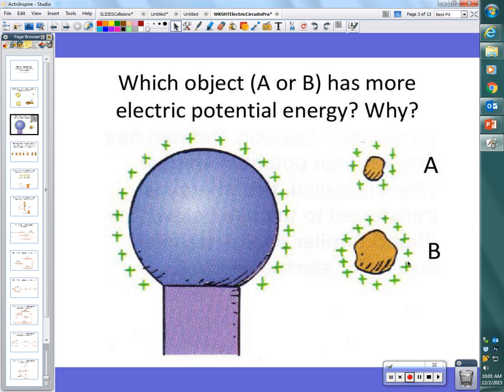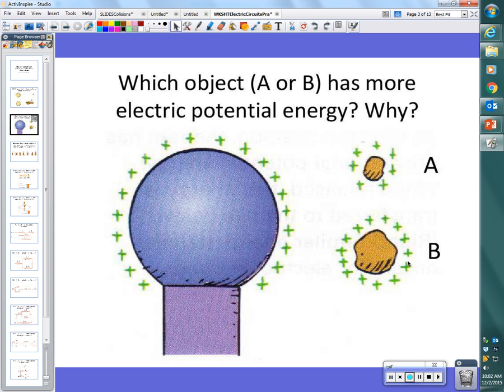Okay. All right. So let's discuss which object, A or B, has more electric potential energy. B has more electric potential energy, right? We talked about that there are two ways to increase electric potential energy. You can change the strength of the electric field.